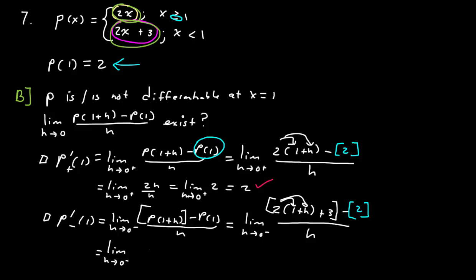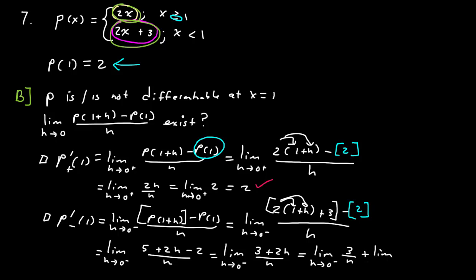So that's going to be 5 plus 2h minus 2 over h, which is then the limit as h goes to 0 from the left of 3 plus 2h over h. Now I'm just going to break this into two different limits. Limit as h goes to 0 from the left of 3 over h plus the limit as h goes to 0 from the left of 2h over h, which is 2.